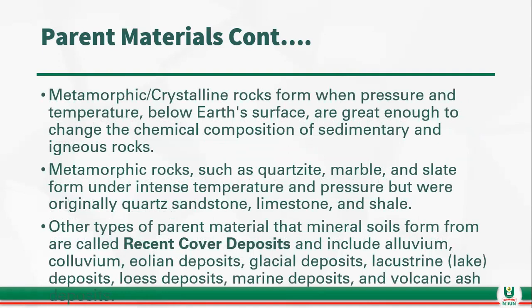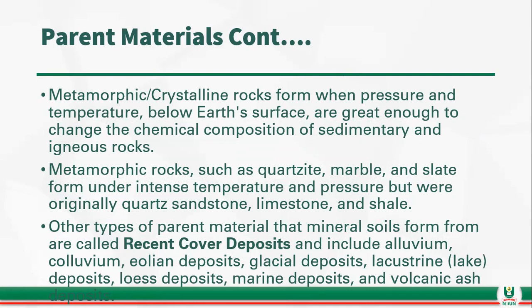Now, metamorphic or crystalline rocks form when pressure and temperature below Earth's surface are great enough to change the chemical composition of sedimentary and igneous rocks. Remember, it has to do with pressure and temperature.